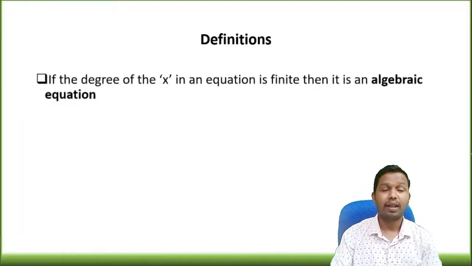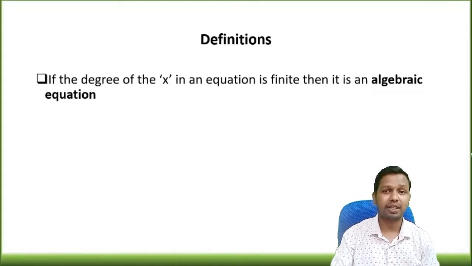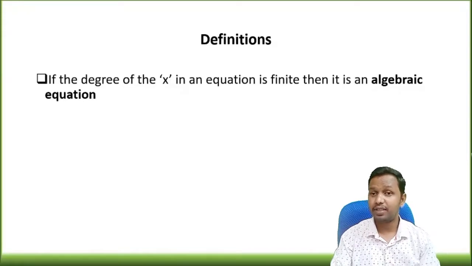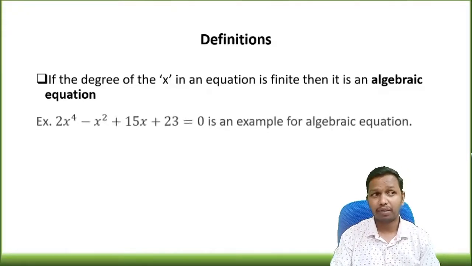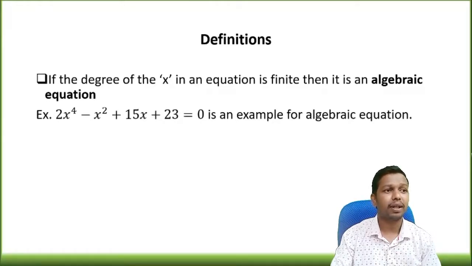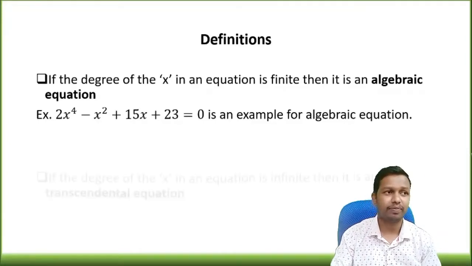If the degree of x in an equation is finite, then that equation we call an algebraic equation. For example, 2x to the power 4 minus x square plus 15x plus 23 equals 0 is an example of an algebraic equation.